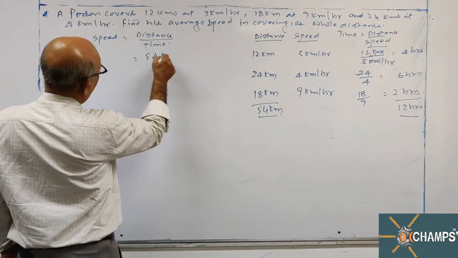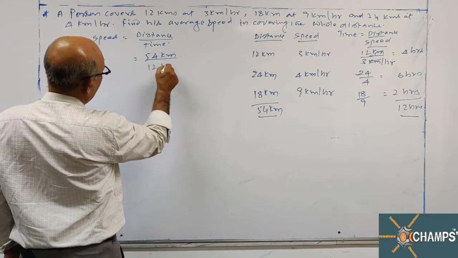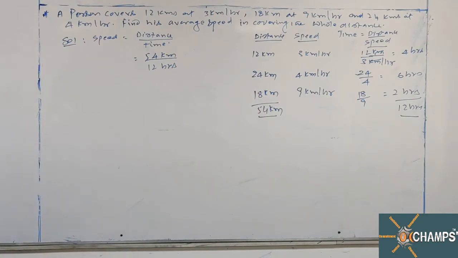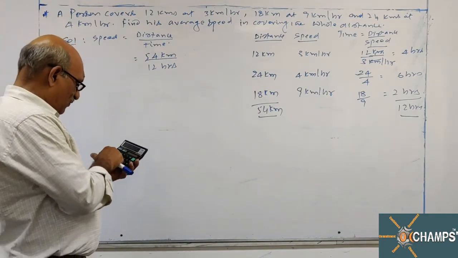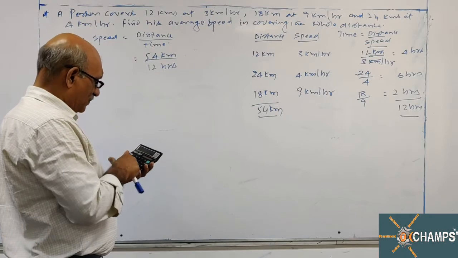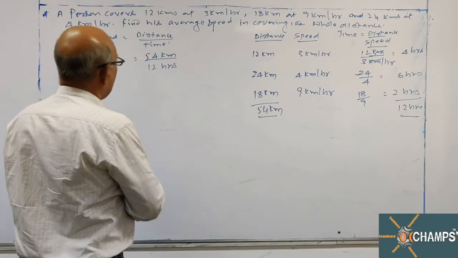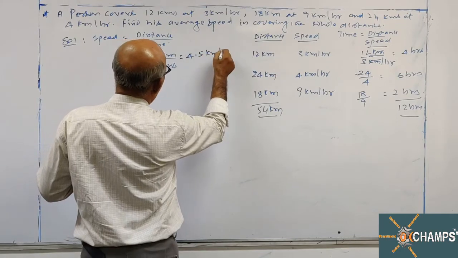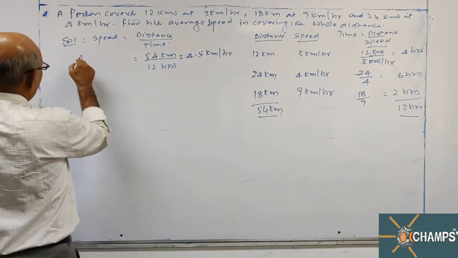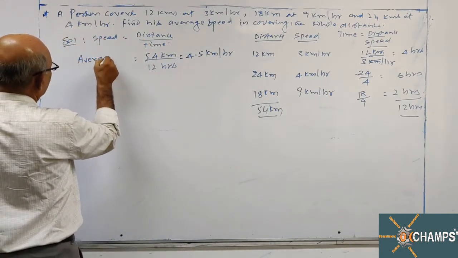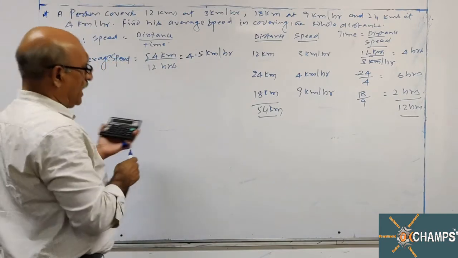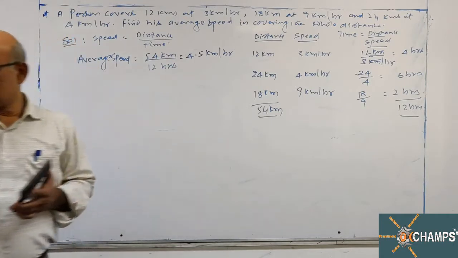So this is 54 kilometers in 12 hours. 54 divided by 12 is 4.5 kilometers per hour. Average speed is equal to 4.5 kilometers per hour.